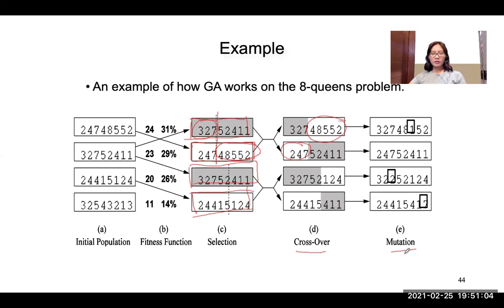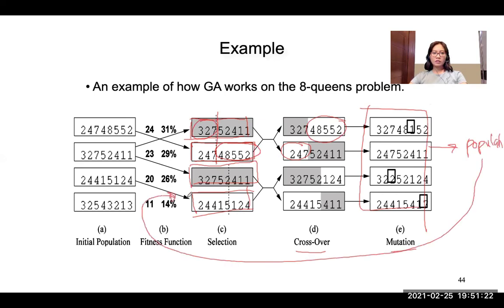And then after that, you apply mutations. You just change bits in here randomly. Now you have a new generation of offspring. You send this back to your populations. And then you start this process again and keep it in a cycle until your population doesn't improve anymore.